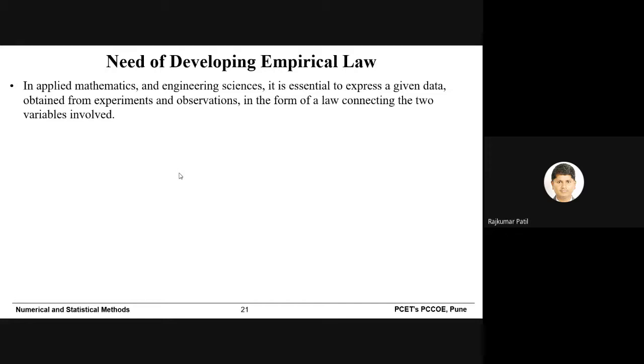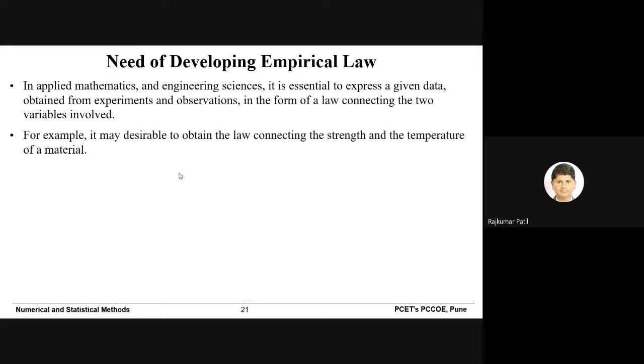Once we get the relationship between input and output, or between two different variables, we can use that empirical law or relation to make predictions, take decisions, and so many things can be done with that relationship. So we saw these two examples, but we will briefly review them.